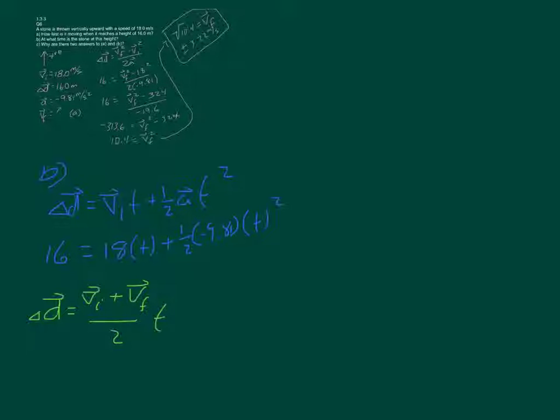We can use this to find t. So we plug them in. We've got 16 meters equals VI, which was 18, plus VF, which is 3.22, all over 2 times t.